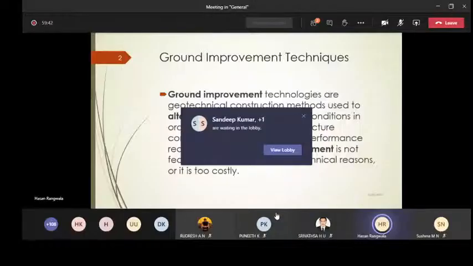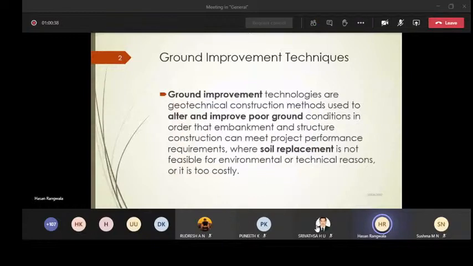So any method that will improve the property of ground is called a ground improvement method in general. Okay, what we need to take care of in this is surely the feasibility in terms of monitoring, that is the economy, the environment, and all the technical reasons.